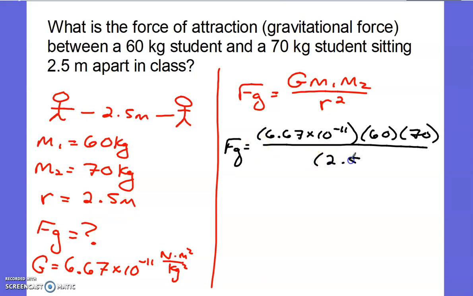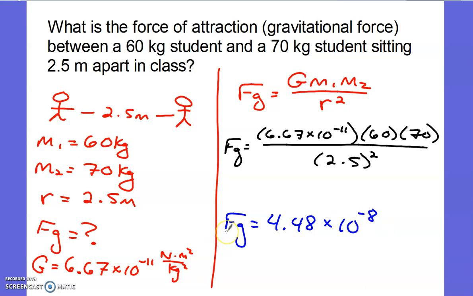Now don't forget to square the 2.5 meters. We just put that into our calculator. We don't have to rearrange any of those numbers. And we get 4.48 times 10 to the negative 8.